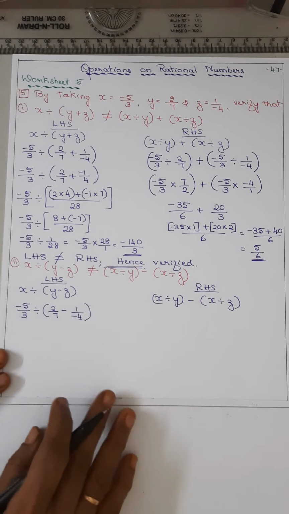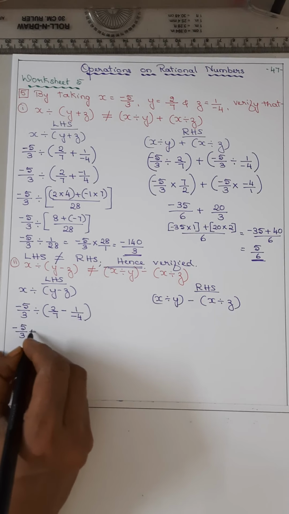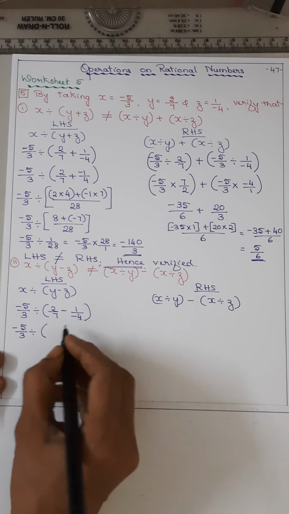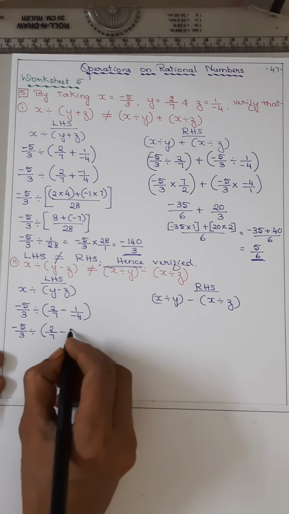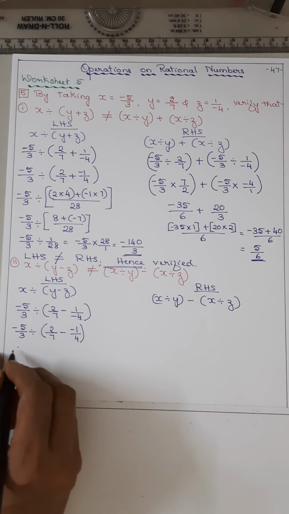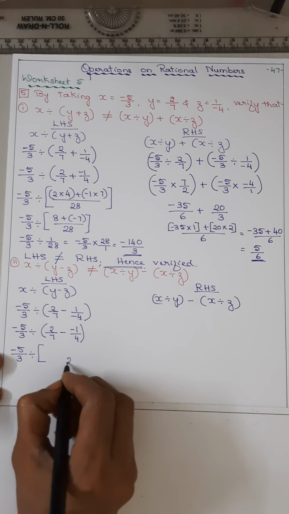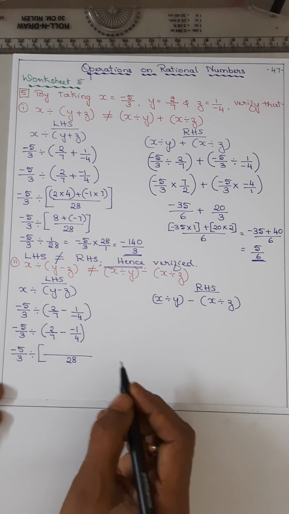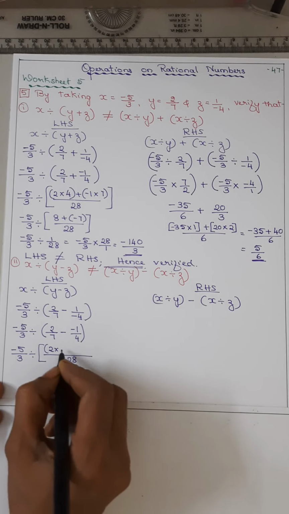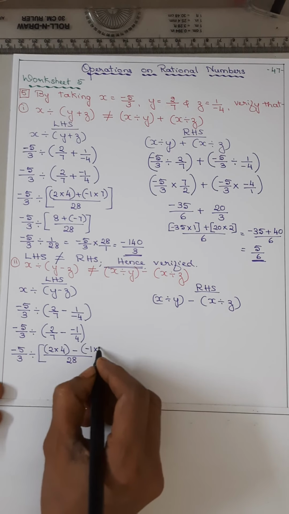Now, within the bracket we have to do first. So, minus 5 by 3 as it is divided by. Now, change the denominator. So, 2 by 7 minus 1 by 4. First step is this. Now, minus 5 by 3 divided by. Now, 7 fours are 28. Subtraction, so you have to take the LCM. So, 2 into 4 is 8 over 28 minus 1 into 7 over 28.